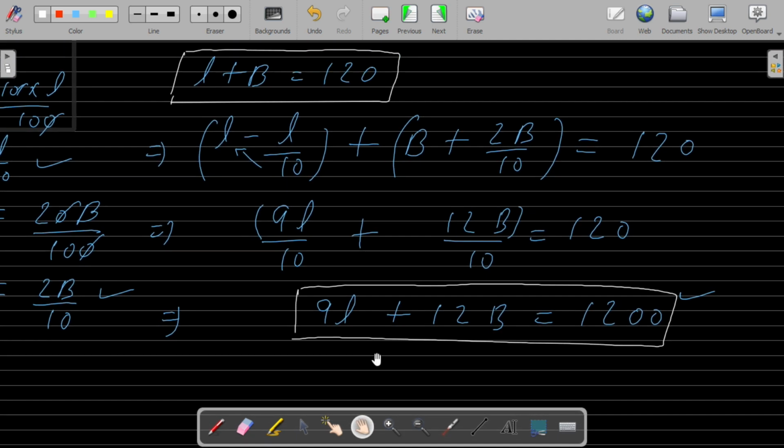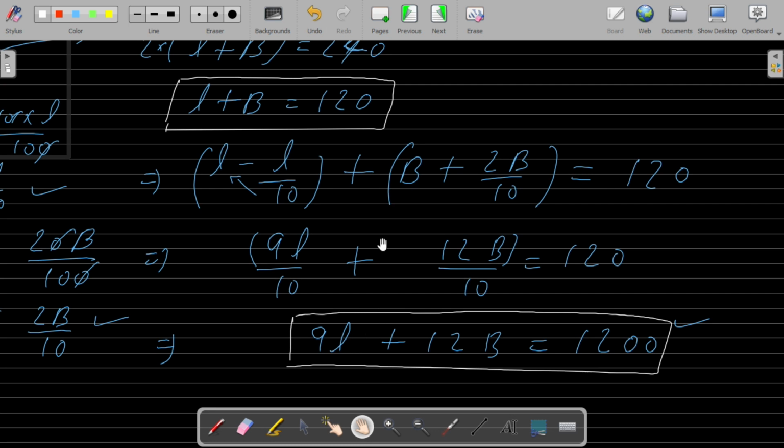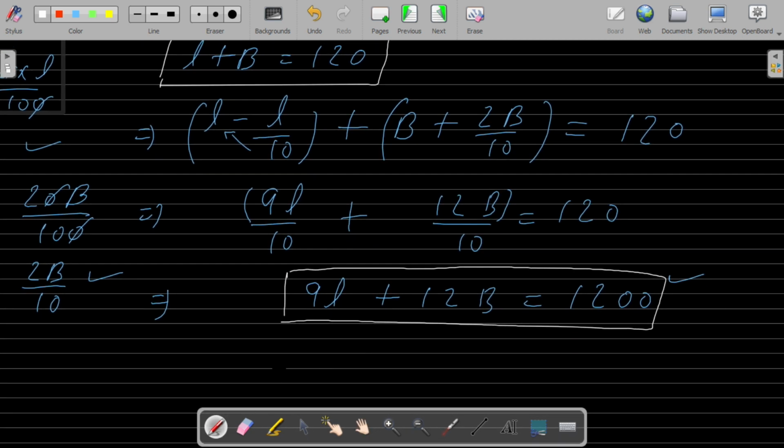Now I will put the value from the first equation into the second, of length or breadth, whatever you like. I'm putting the value of length. So from here L will be equal to 120 minus B, so 9 times (120 minus B) plus 12B equals 1200.